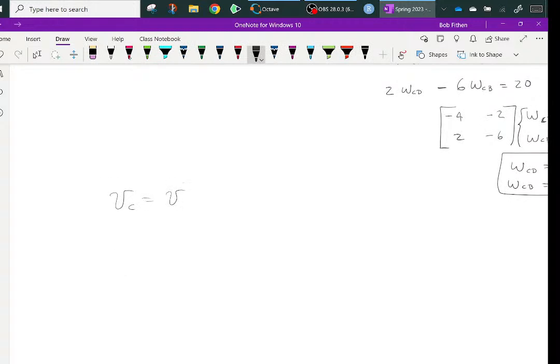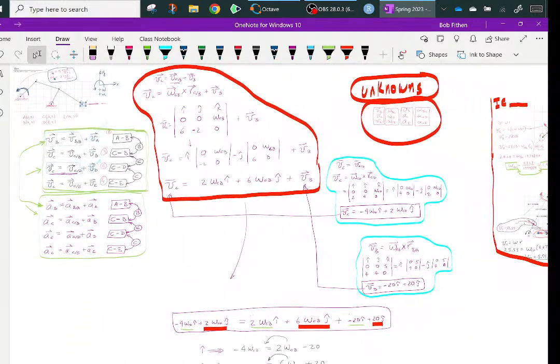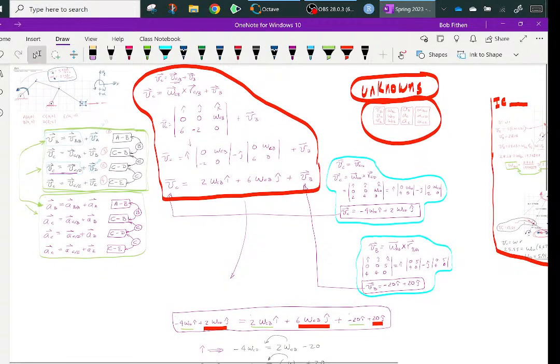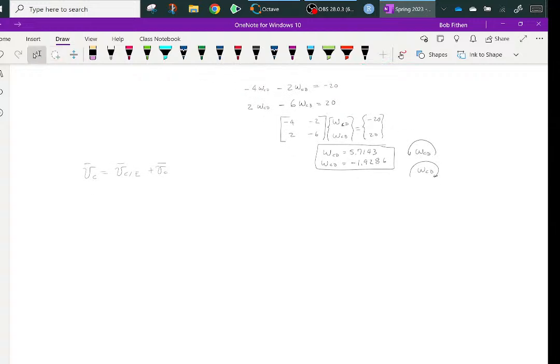Velocity of C is equal to velocity of C relative to E plus the velocity of E. Is that what I've got? Now, shoot. What I could do, here's what I'll do. I quit. I'm going to do something radical. X, and it's gone. And then I'm going to go down here and see if it just reappears.